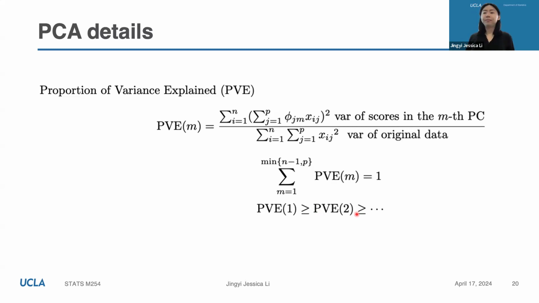Okay, so later we'll show you that if you plot the PVE for each PC along with the PC index, you will see a declining curve. That will show you how fast the PVE declines as you include more and more PCs, right? Where should you stop? Basically, the intuition is that if up to some PC, say PC M, the PVE of PC M is very small already, maybe we don't need it.